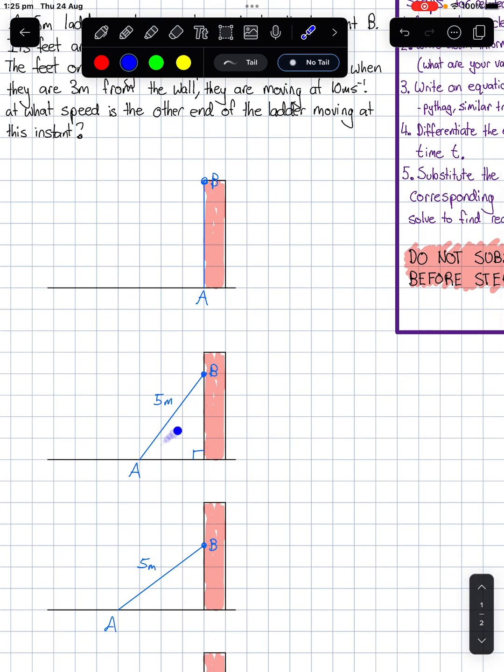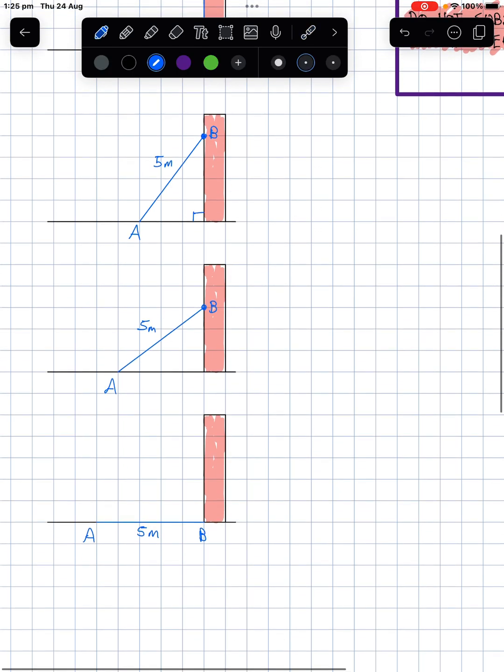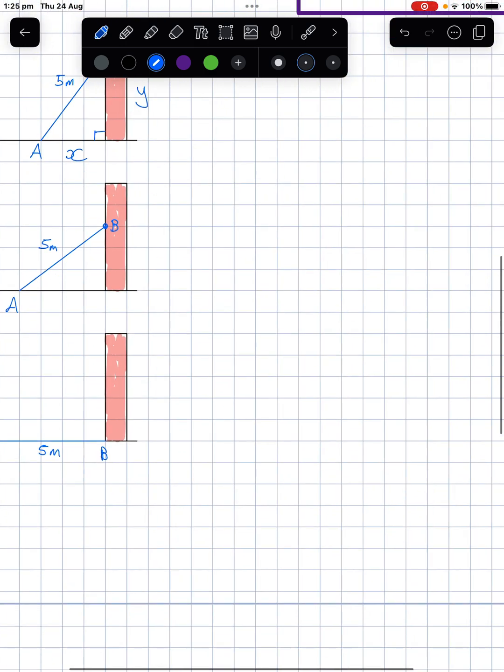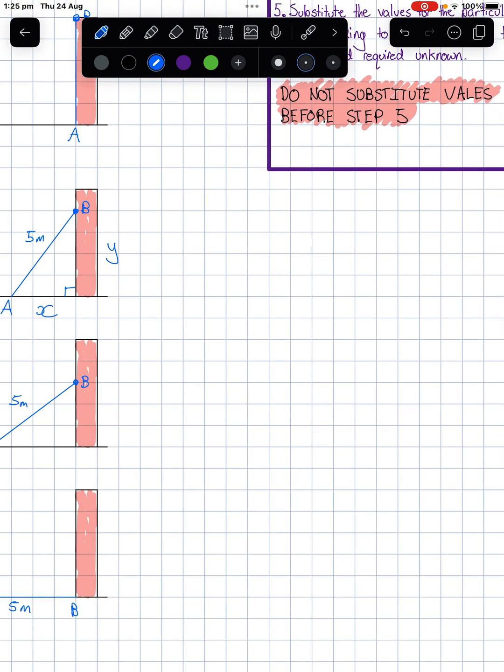We now need to come up with a couple of variables. In this space here, let's pick X because it's horizontal. So we'll do this as an X and we'll do this as a Y. If we consider this scenario, this B value here, Y represents the height up the wall.